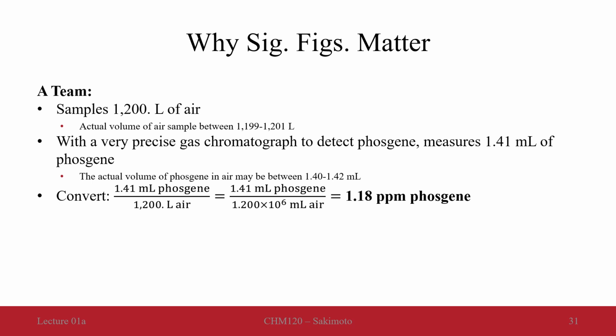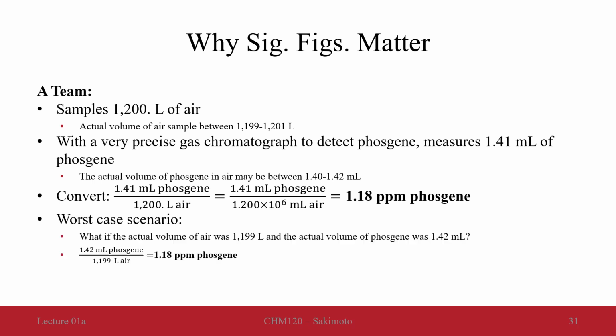We'll practice this in problem set 1 and 2 actually. 1.41 milliliters divided by 1.200 times 10 to the 6 milliliters of air. Calculating that out in the parts per million notation means that the concentration of phosgene that Team A measured was 1.18 ppm. 3 significant figures, a very precise, confident number.